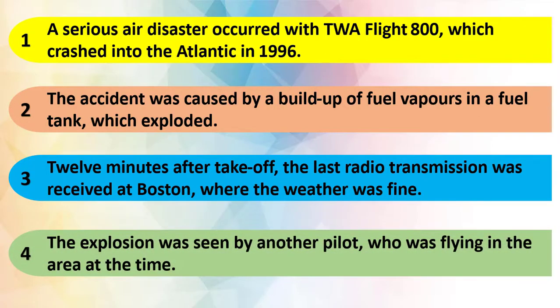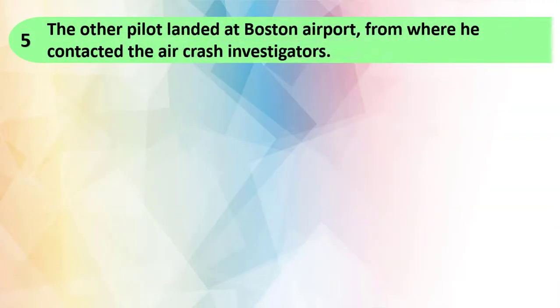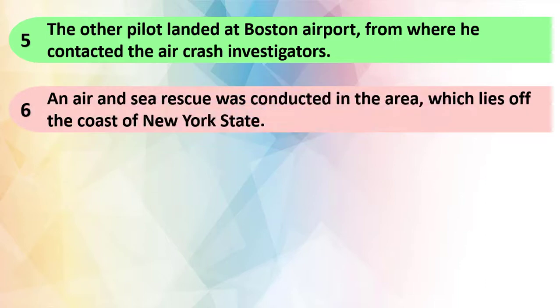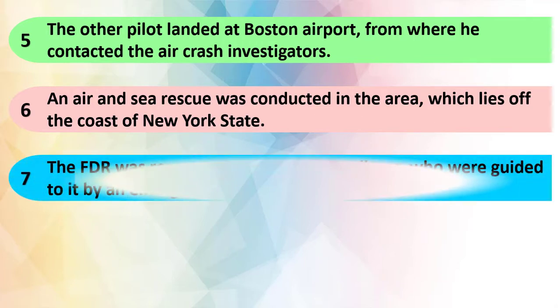4. The explosion was seen by another pilot who was flying in the area at that time. 5. The other pilot landed at Boston Airport, from where he contacted the air crash investigators. Number 6. An air and sea rescue was conducted in the area, which lies off the coast of New York State. 7.